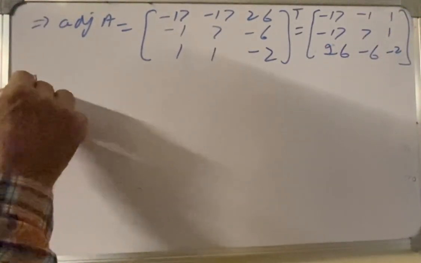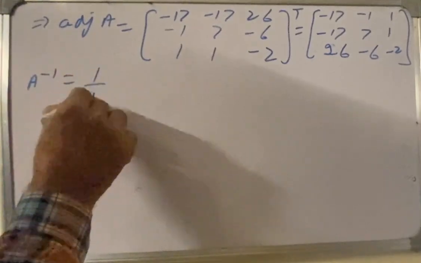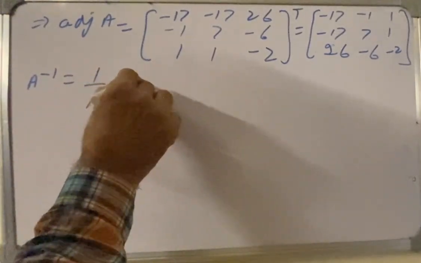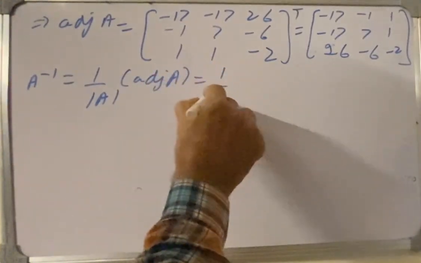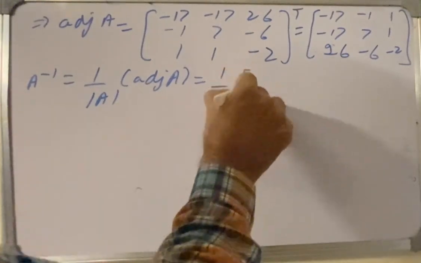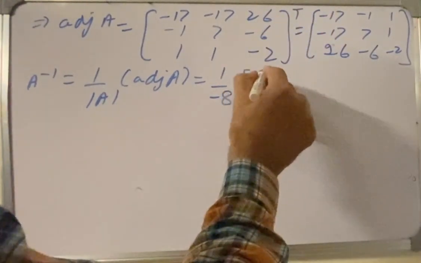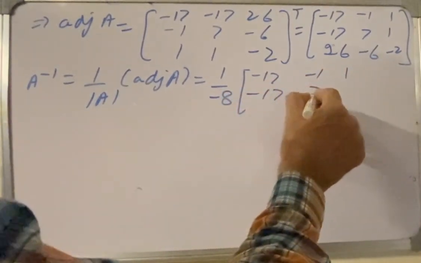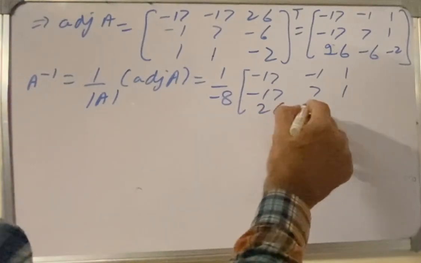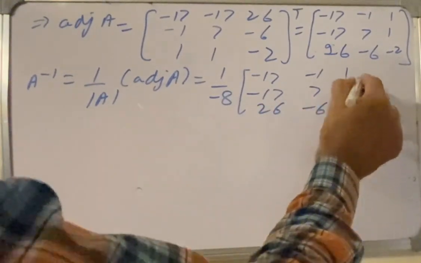Then A inverse is 1 over determinant A into adjoint of A. It is 1 over minus 8 into the matrix minus 17, minus 1, 1; minus 17, 7, 1; 26, minus 6, minus 2.